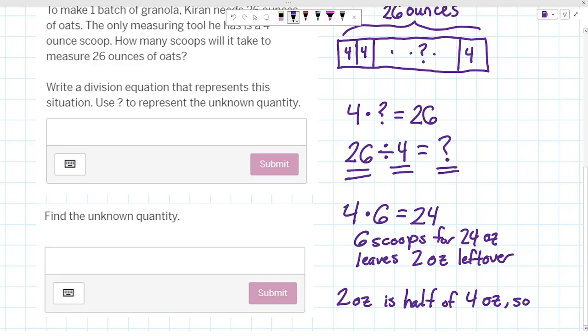So that would be a half scoop remaining. Which means in order to get 26 ounces, we would need those 6 scoops and then 1/2 scoop more. So the unknown quantity would be 6 and 1/2.